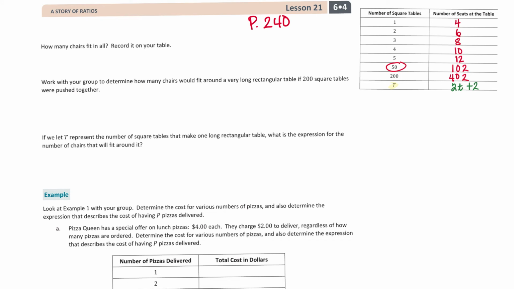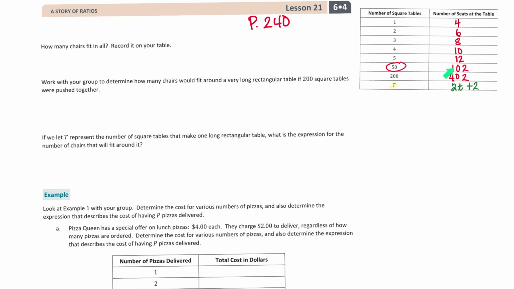We are continuing with page 240 on your workbook, and still on lesson 21. We're going to continue using the table that we did before to answer the next 3 questions. And this question that we have here, how many chairs fit in all, recorded on your table, it's still talking about the previous question that we had, where it was telling us how many seats we were going to have when we use 50 square tables, which was 102.